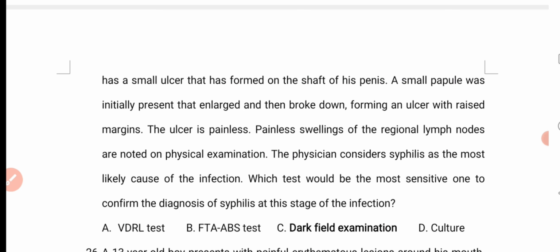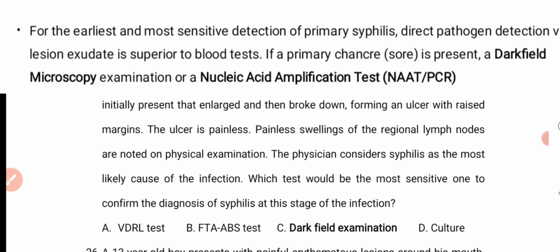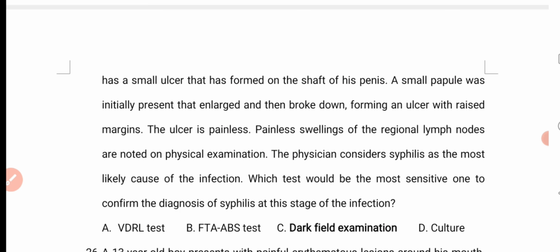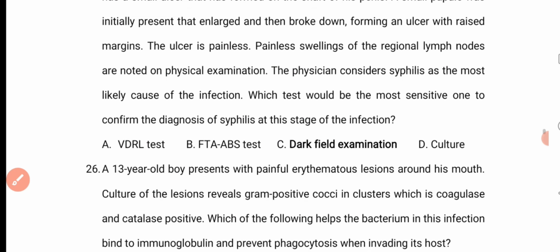But in this case, a small papule was initially present that enlarged and broke down, forming an ulcer with a red margin, and the ulcer is painless. This kind of symptom is indicative of primary syphilis. During primary syphilis, the most recommended lab tests are the nucleic acid test, which is PCR, or the dark field examination. Among these options, dark field examination is preferable. So the correct answer is C, dark field examination.